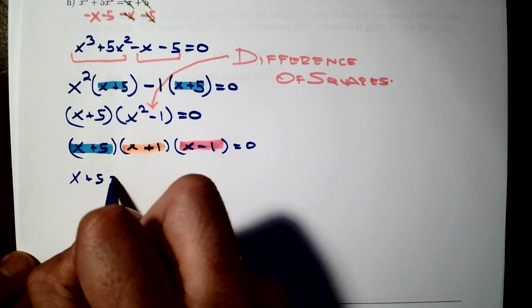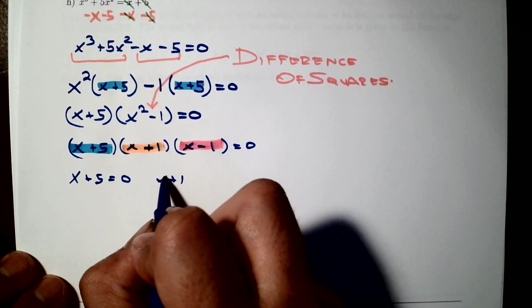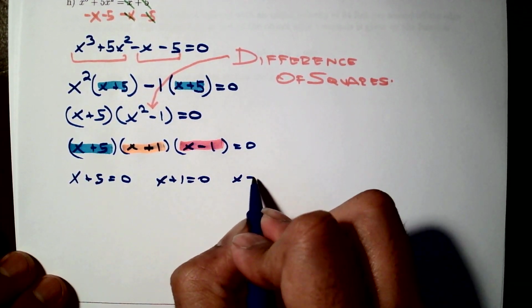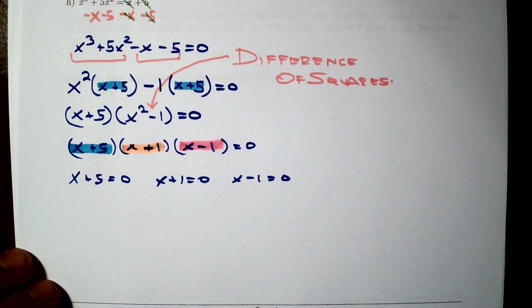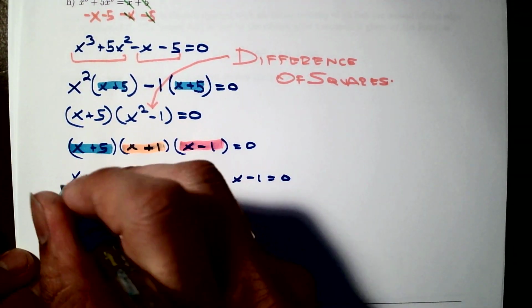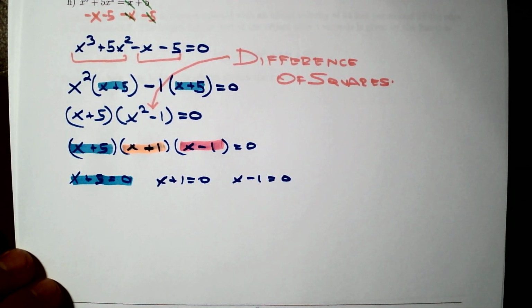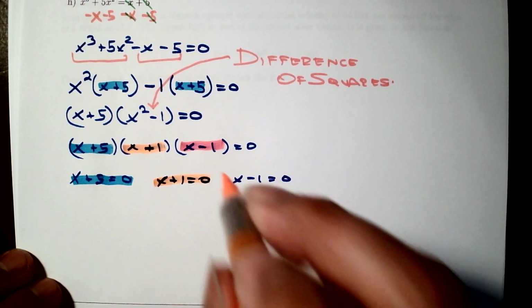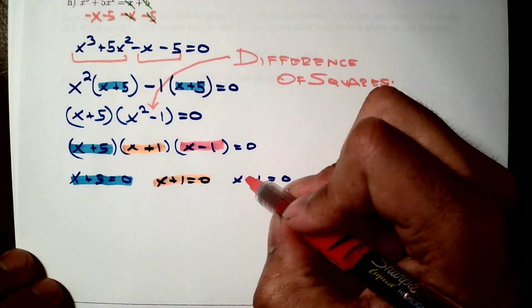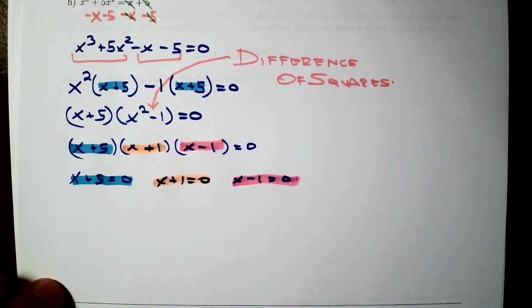X plus 5 equals 0, x plus 1 equals 0, x minus 1 equals 0. Let's highlight each of them just so you can see where each is coming from. They come from the factoring we did in the previous step. And solve each baby equation.